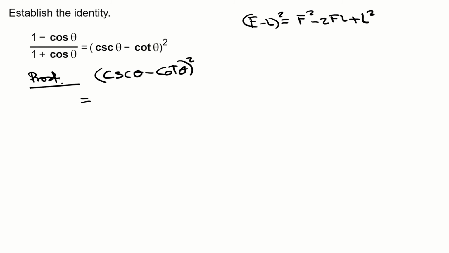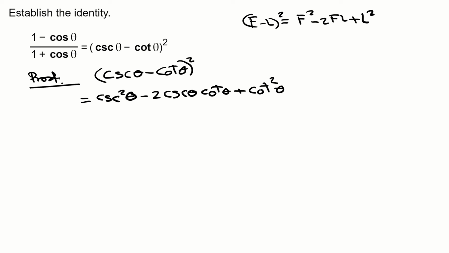So we end up with cosecant squared theta minus 2 cosecant theta cotangent theta plus cotangent squared theta.